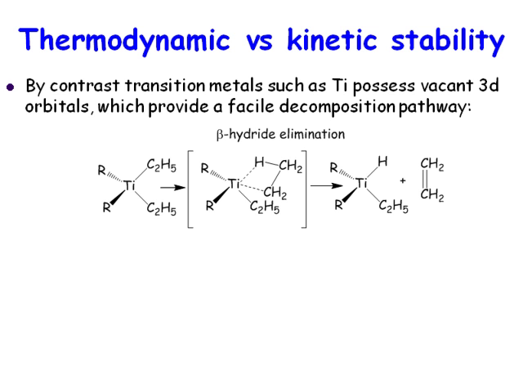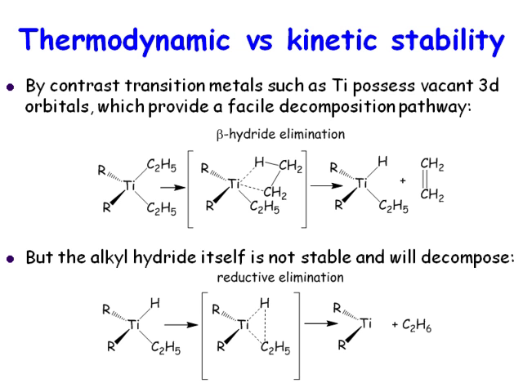But the decomposition does not stop there. Once you have a species which has a metal hydride cis, so adjacent to a metal alkyl, then that's set up for another reaction that is called reductive elimination. And reductive elimination is just what it sounds like. What you get is clipping together of the hydride and the alkyl functionality, and that will give you a molecule of alkane, in this case ethane, and an unsaturated titanium species here.